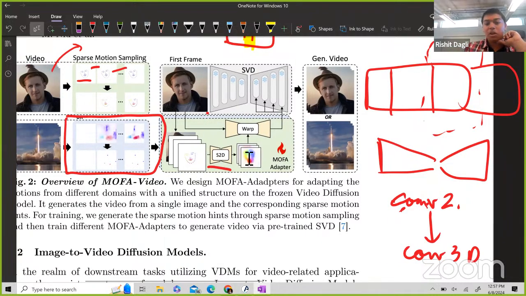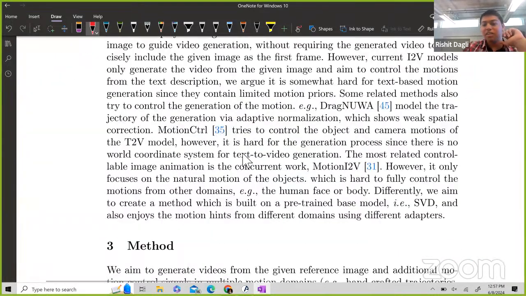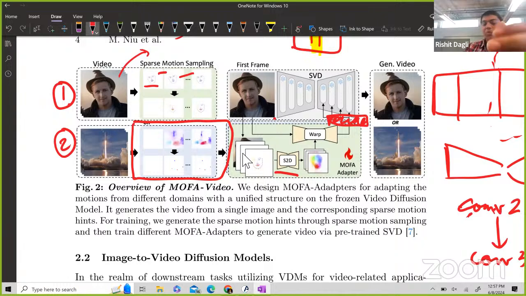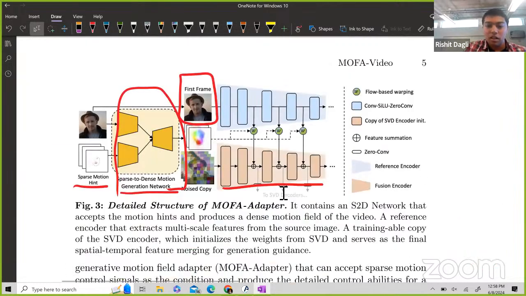One of the main things was that after this warping network, you need a fusion network here. They missed drawing it, probably intentionally, or maybe I can't read it well. But you have a fusion network here, and this is the thing that goes to the SVD decoder part.